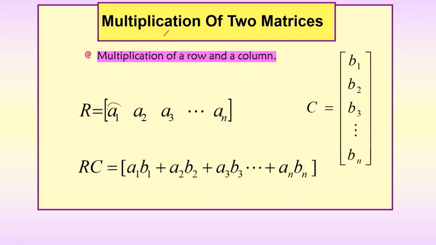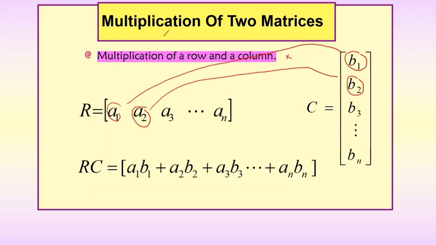Okay, so we have to multiply the first element of the row, A1, times B1. The second element also has to be multiplied with the second element of the column.